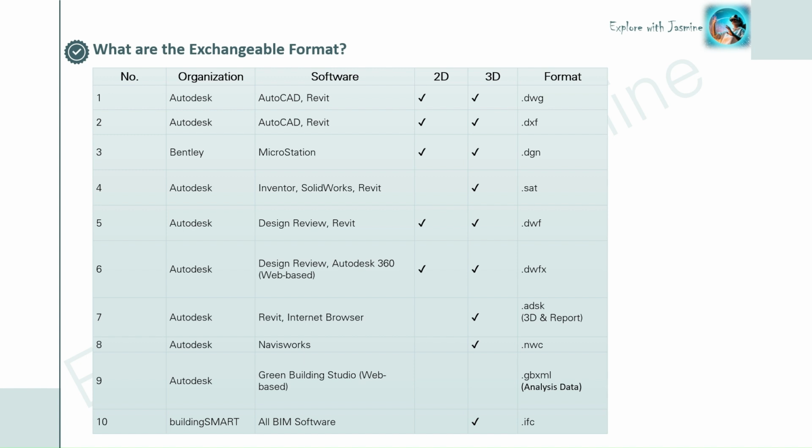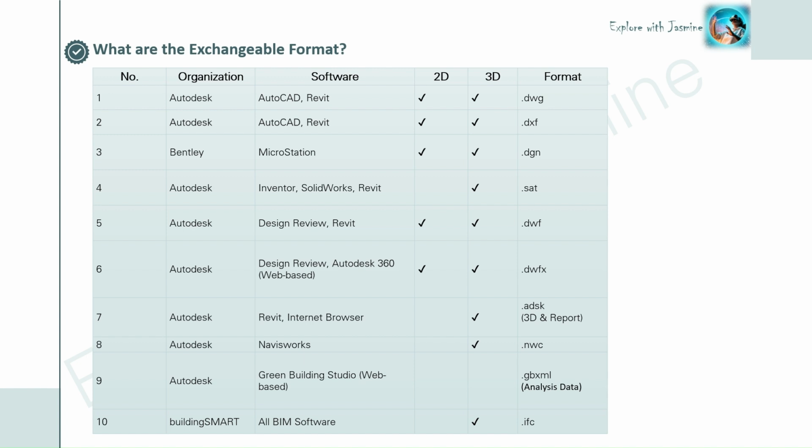It supports sharing 2D and 3D design information through the Autodesk Review platform. .ADSK is an Autodesk exchange package format used for sharing 3D data and reports between Autodesk applications and web platforms.